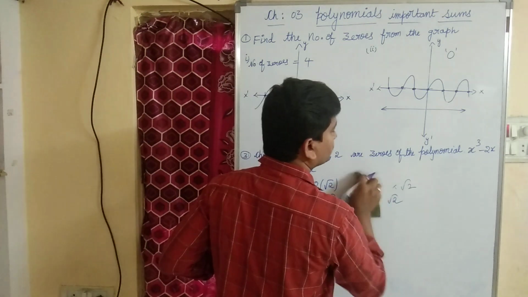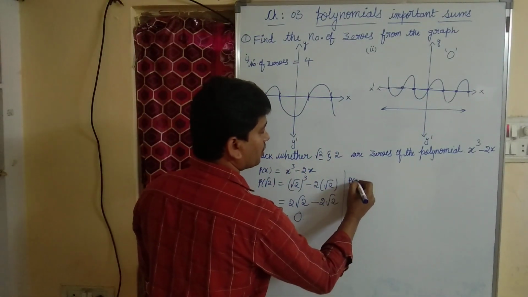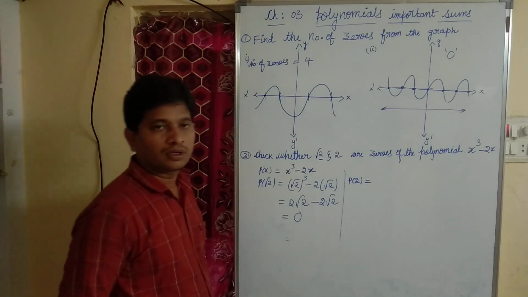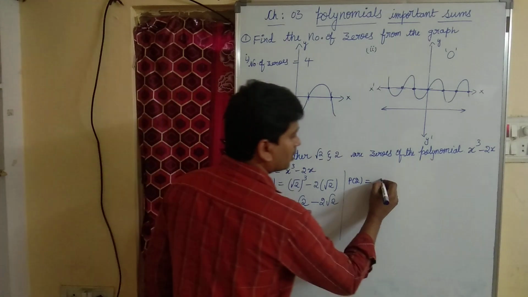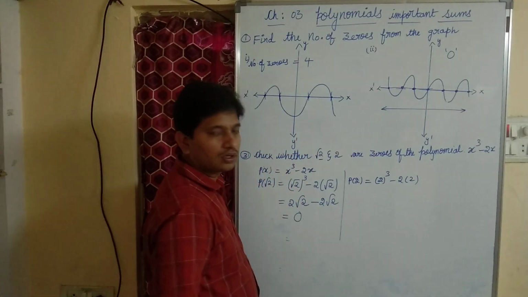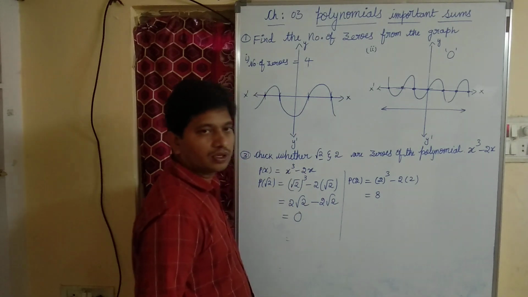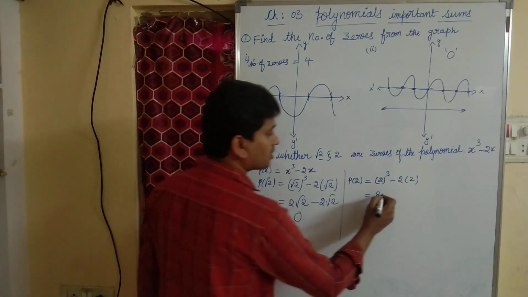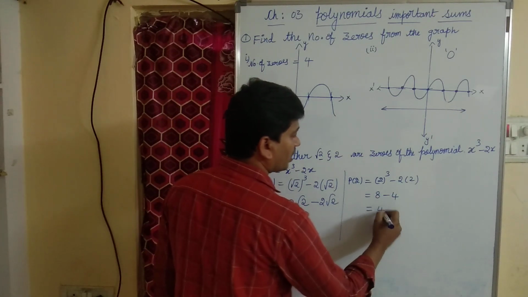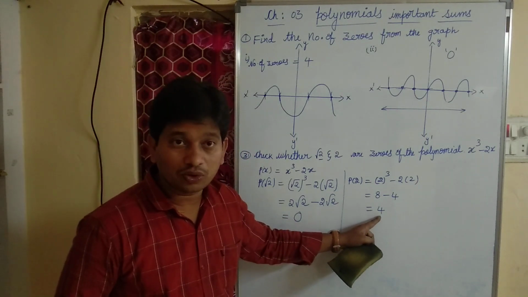Now coming to the second one, that is 2. Let us substitute 2 in place of x, p of 2, that is 2 cube minus 2 into 2. If you observe here, 2 cube is nothing but 2 into 2 into 2, that is 8, minus 2 into 2 is 4. 8 minus 4, 4. Do we get result 0?